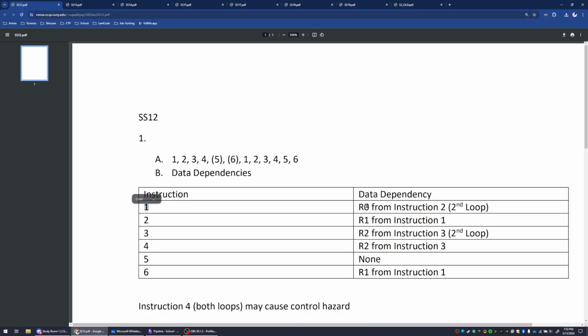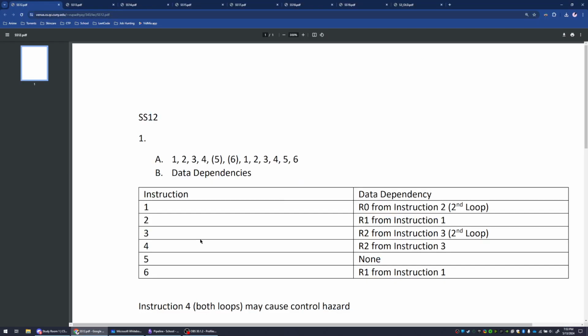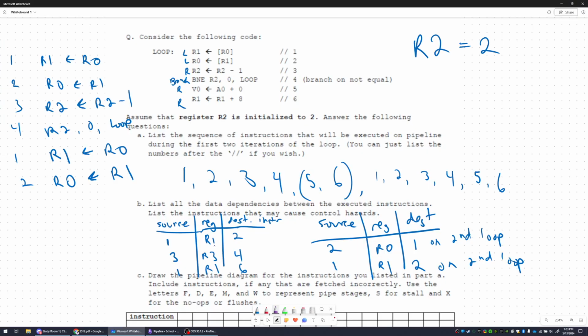R0 from instruction 2 has a data dependency on instruction 1. Okay, I should have written it the other way. Alright, let me write it on the right.